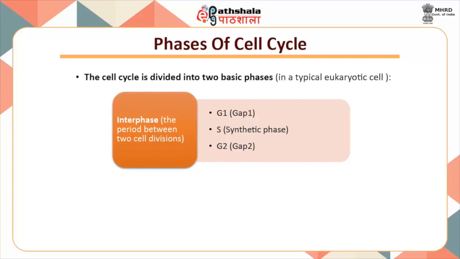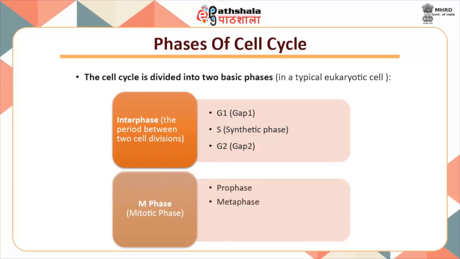The S phase, which is known as the synthetic phase, involves DNA synthesis. The G2 phase is known as gap 2. This gap is between the S phase and M phase. The M phase, that is the mitotic phase, involves the final phase of cell division, which is further divided into four phases: prophase, metaphase, anaphase and telophase.